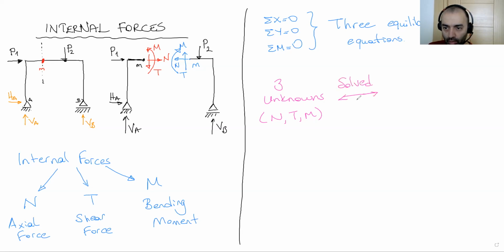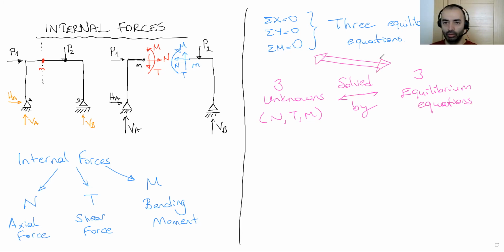Solved by 3 equations. Okay. The equilibrium equations are here. So when we cut the system, we can write the equilibrium equations and then find the unknowns.